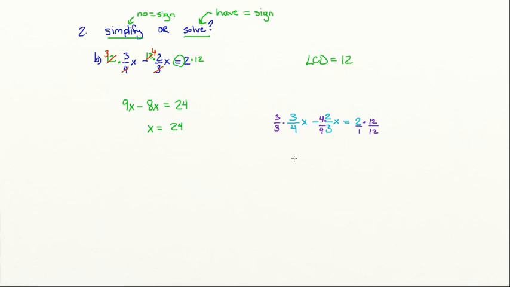So then I would have 9x over 12 minus 8x over 12 equals 24 over 12. Here I would multiply everything by 12. So the 12s will all reduce, cancel out, and I get 9x minus 8x equals 24, so x equals 24.